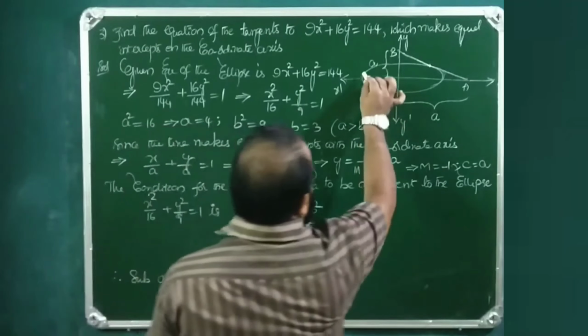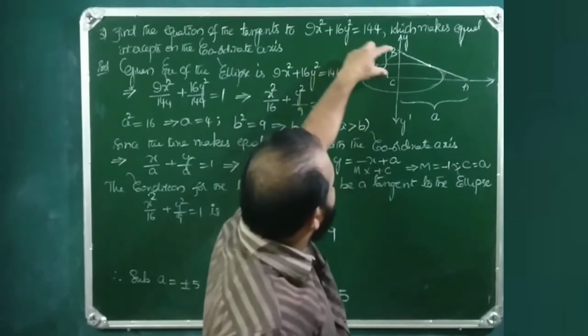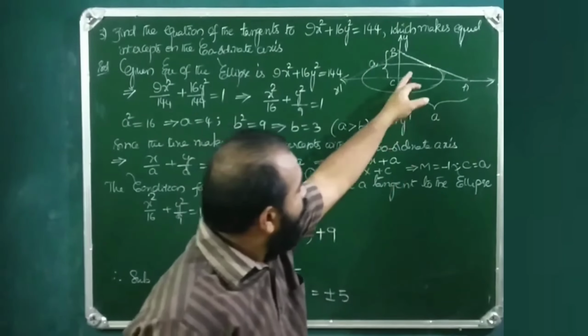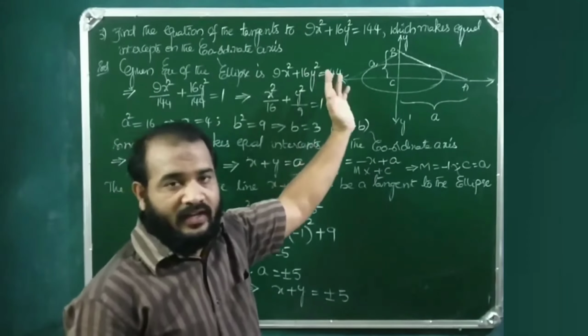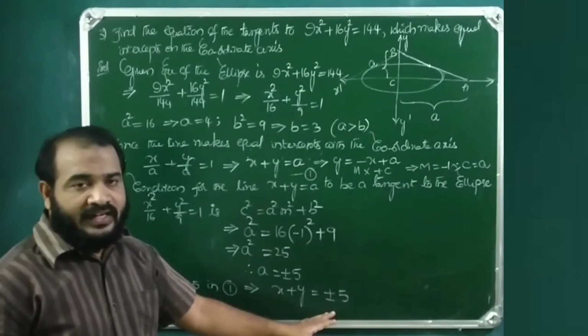It may be like this also. This is a and this is also a, so there is a possibility of another line here according to the diagram. That is why we have two equations of the tangents.